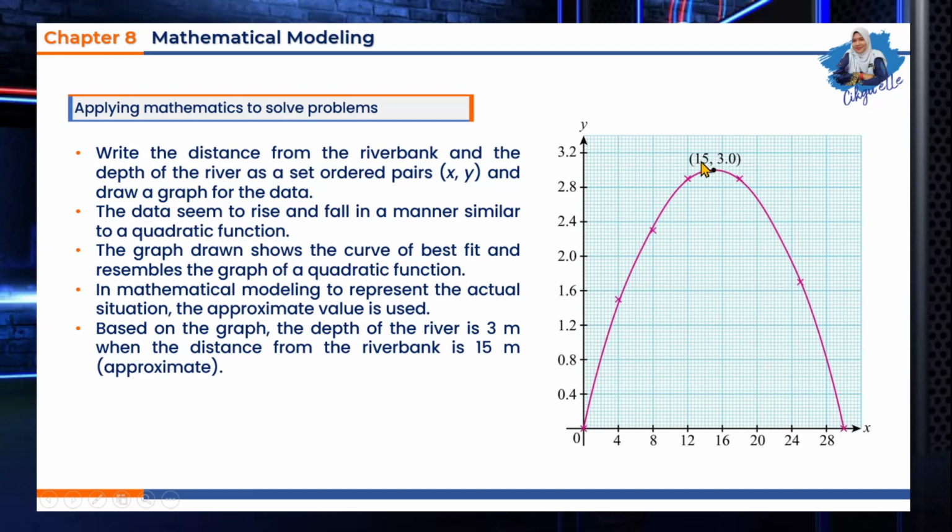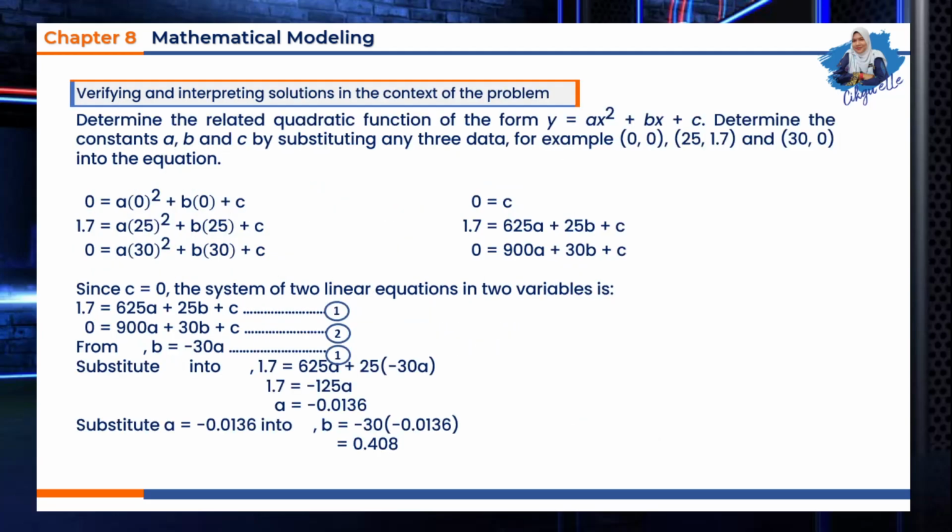The distance is 15 meter from the river bank and the depth of the river is 3 meter. This is how you apply the knowledge of mathematics in this problem. We use the quadratic function.